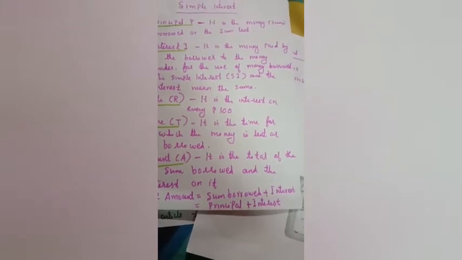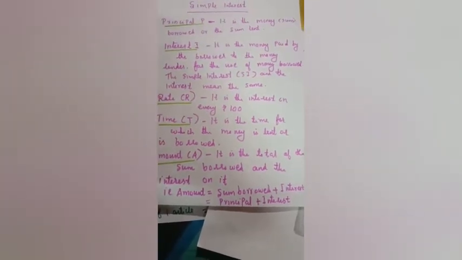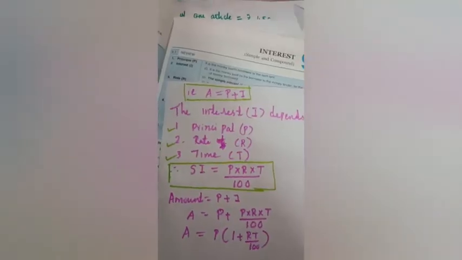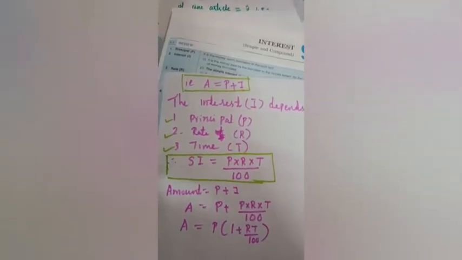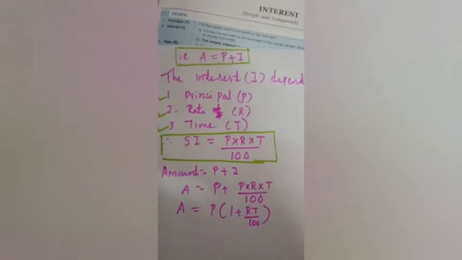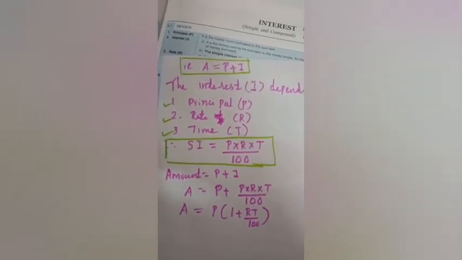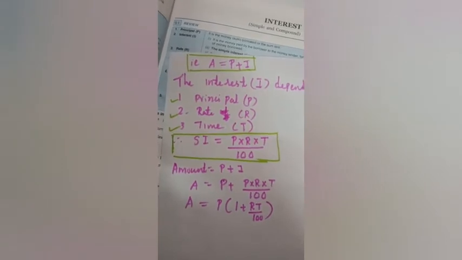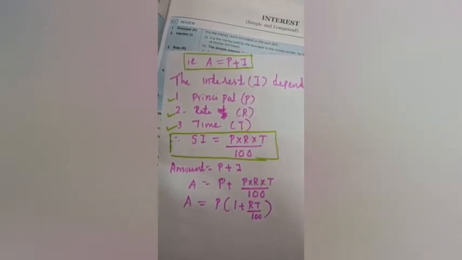The sum borrowed is also called principal. So amount is equal to principal plus interest. A is equal to P plus I, where P is principal and I is interest. If we add principal and interest, we get the amount.